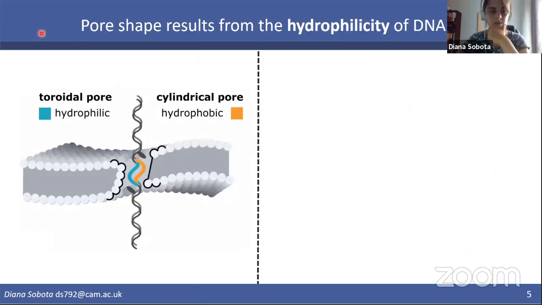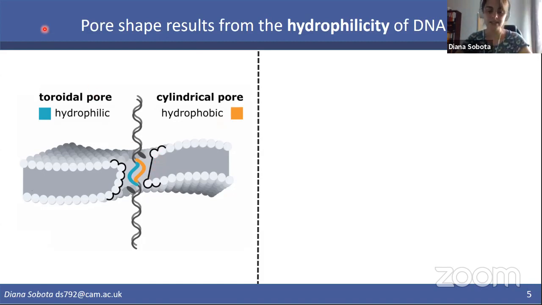The hypothesis that emerged was that the hydrophilic DNA will form this toroidal pore. But if we manage to put something hydrophobic in the membrane spanning part, there is no reason for the head groups to be in the pore. There's no reason for them to merge, which means perhaps we'll end up with a cylindrical pore.